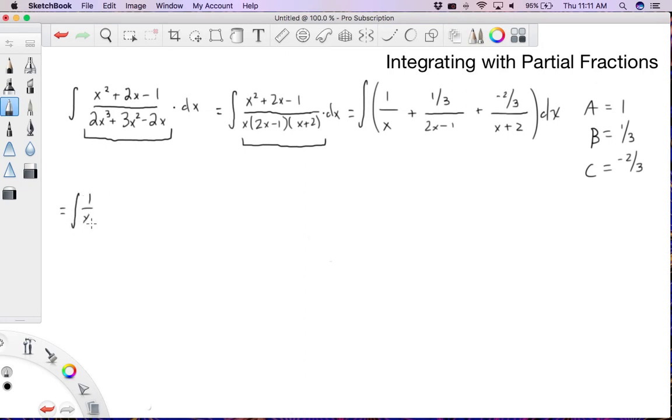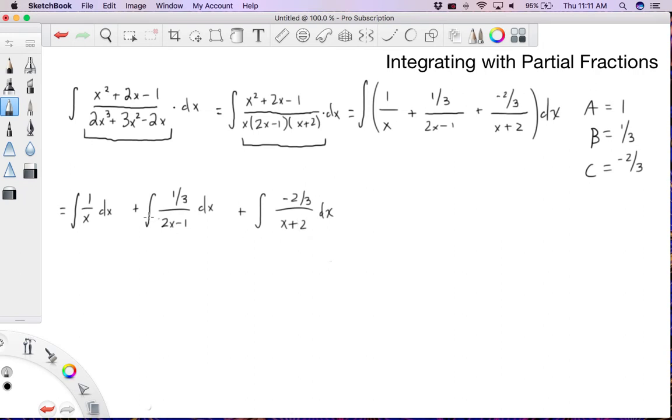So we have integral of 1 over x dx plus integral of 1/3 over 2x minus 1 dx plus integral of negative 2/3 over x plus 2 times dx.